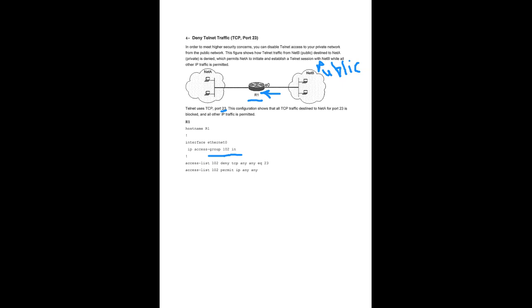Access list 102, we are denying any traffic on port 23, and then we are permitting any other traffic. So the port number 23 is for telnet. Any questions about this? Good. Next example.